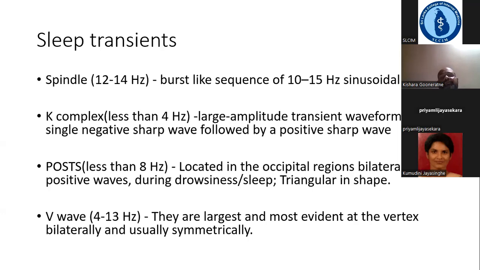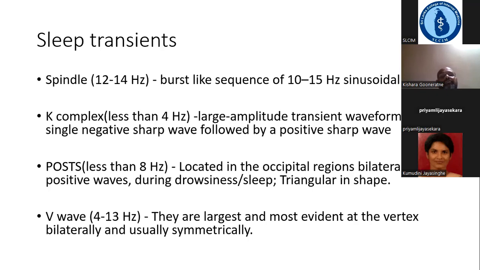These spindles are bursts of high frequency sinusoidal waveforms, found in the frontocentral region, or frontal and central leads, which basically originate from the thalamus. If you find these on the EEG, this means that the patient has gone into the second stage of non-REM sleep.